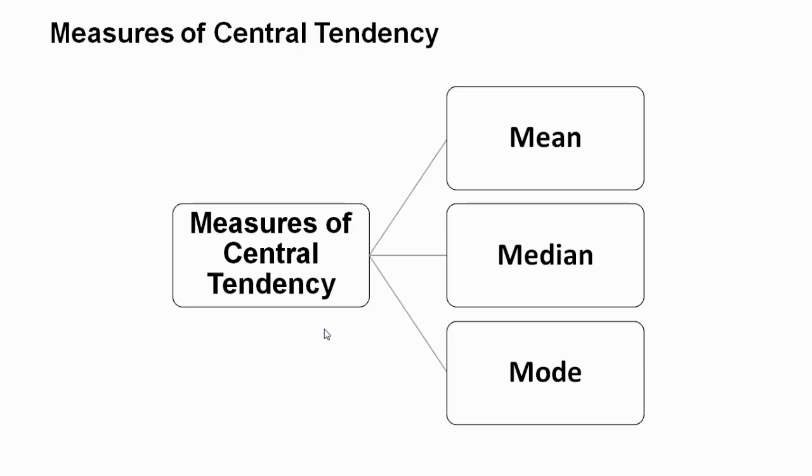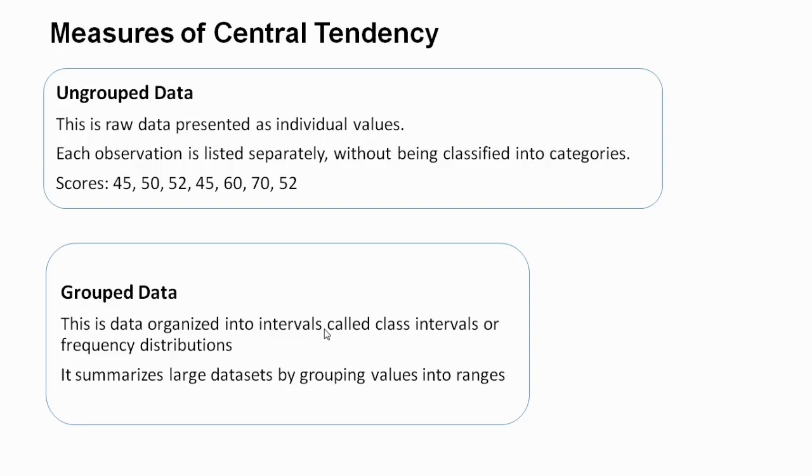Before moving to the calculation of mean, median and mode, first we see what grouped and ungrouped data are. So let's talk about ungrouped data. This is data where each value is separate and distinct, with no grouping or categorization.